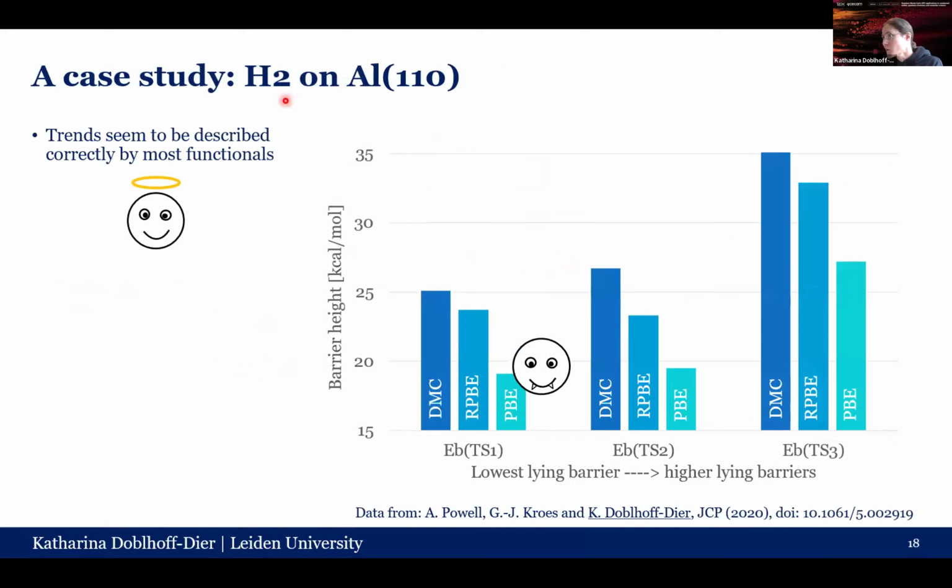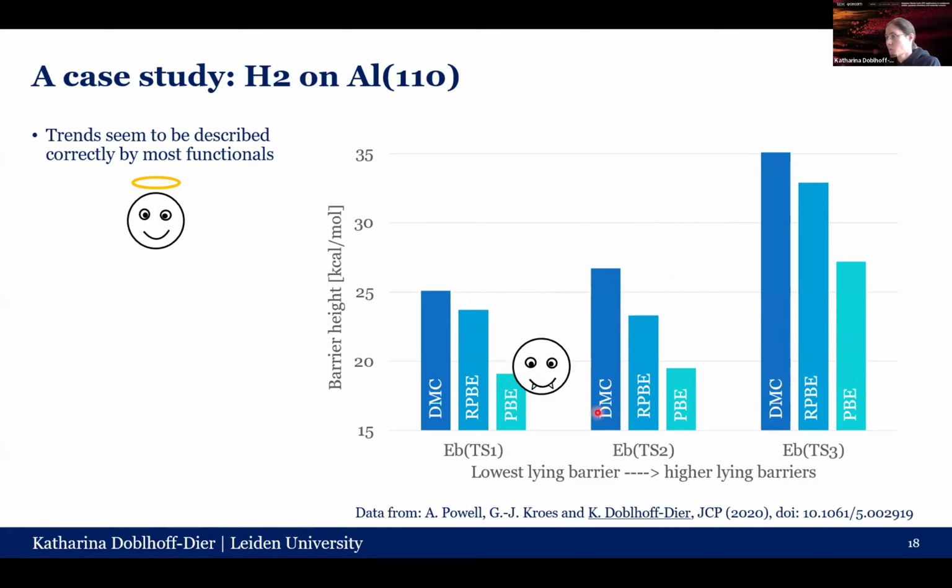And to understand how this works, I want to focus on one of the two systems that I just showed, namely the H2 and aluminum. And what I'm now showing are several different barrier heights for the same system. And what you can see is, okay, PBE might get it pretty wrong. We are off by about 6 kcal per mole, which is a lot. But if you look at the trends for the different barriers, in all cases, these functionals seem to behave similarly.